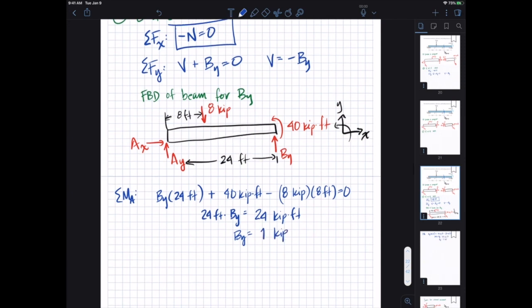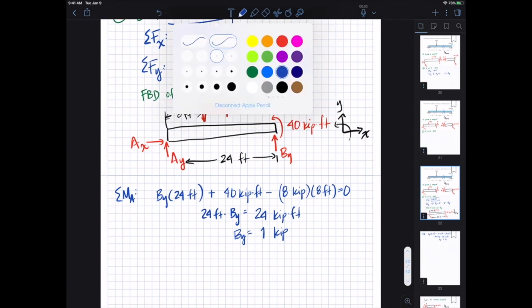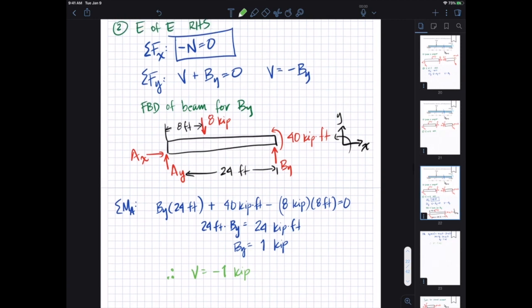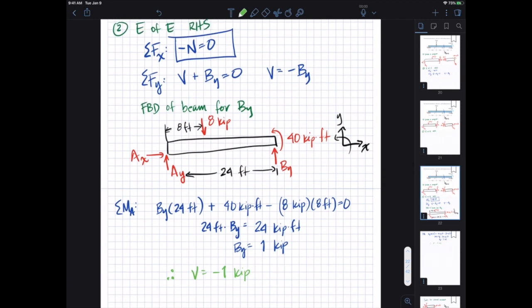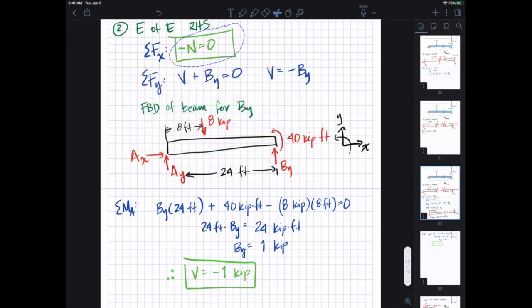So therefore, shear up above is equal to negative 1 kip. And we know normal is equal to 0. We've already solved that here, just to point that out.